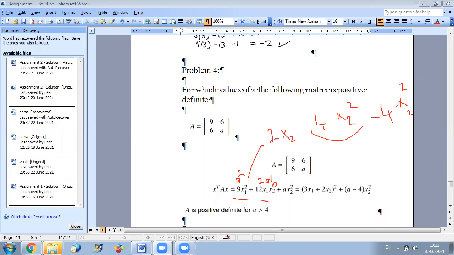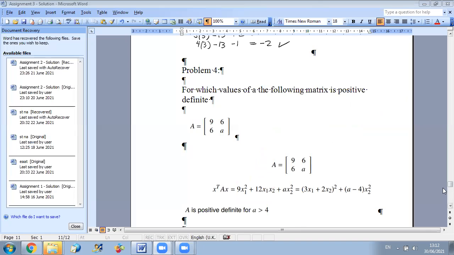You can say that the minimum value for a should be 4 anyway to have a summation of squares. Okay, so a should be at minimum equal to 4. It should be larger than 4 to get a positive definite function. Yes. Okay? Any question on this problem?